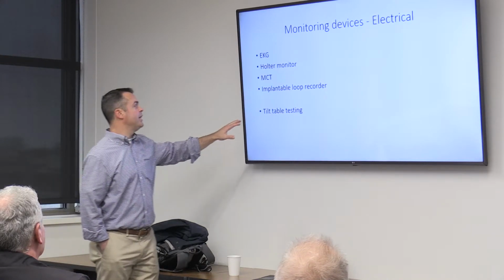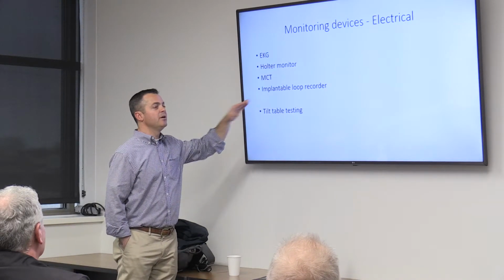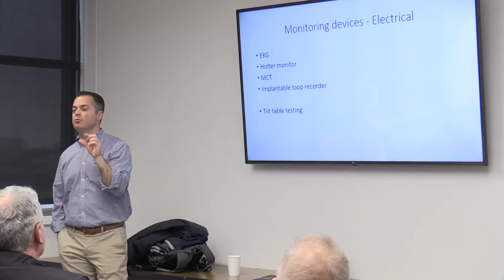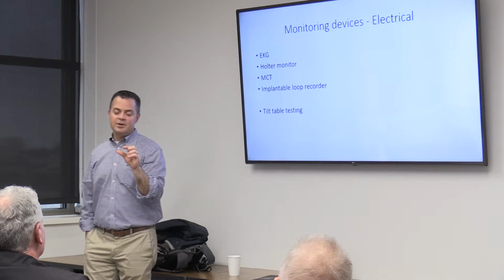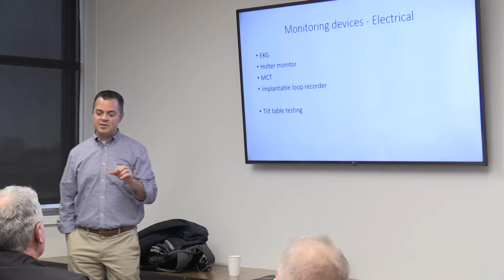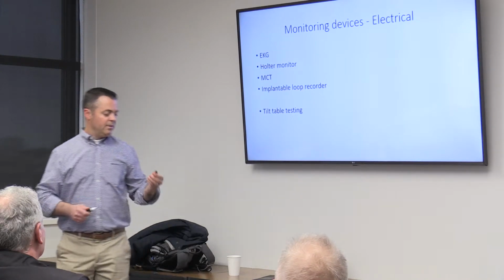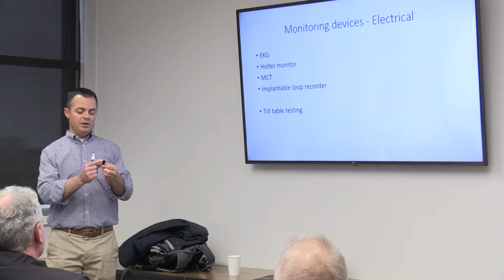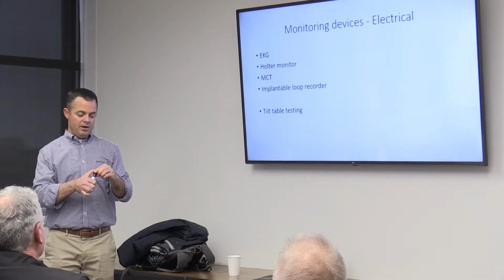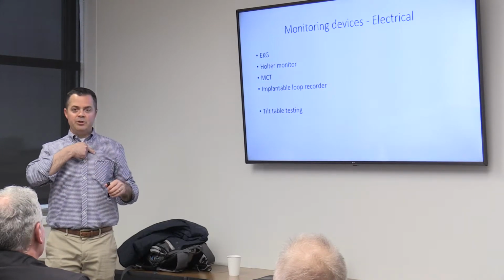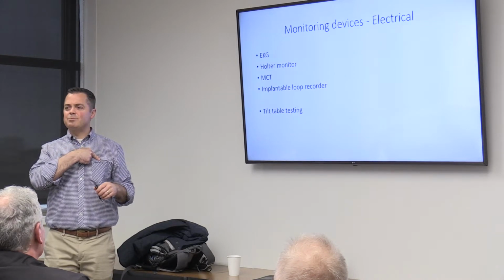The other one that has come around in the last year is called an implantable loop recorder, and I wish I had one. It's about the size of this cap, but it's actually a little bit thinner. And we put them in under your skin. It's like a little capsule, and it goes right in under your skin.